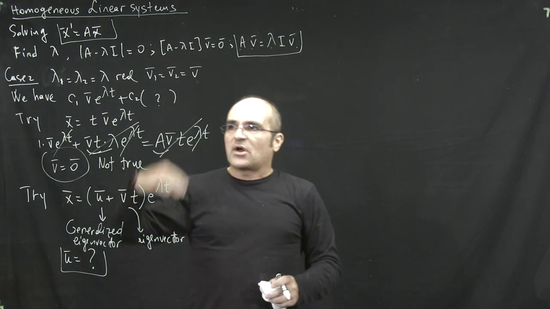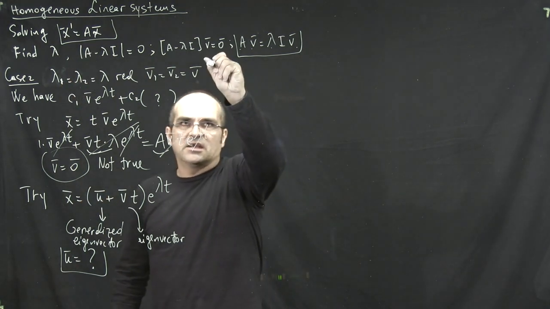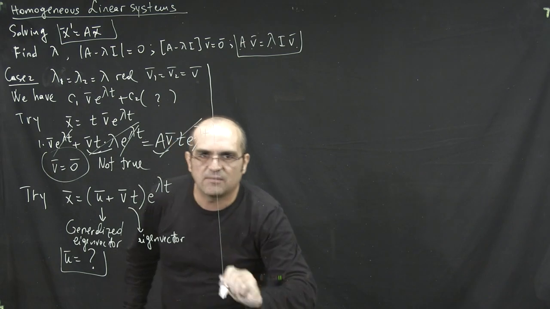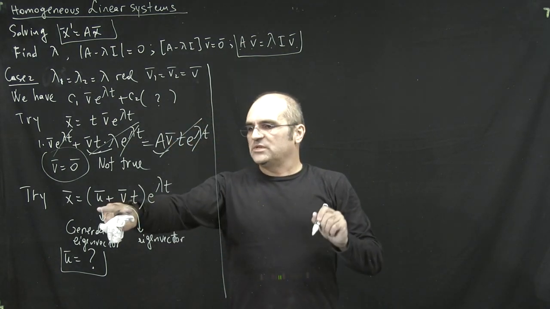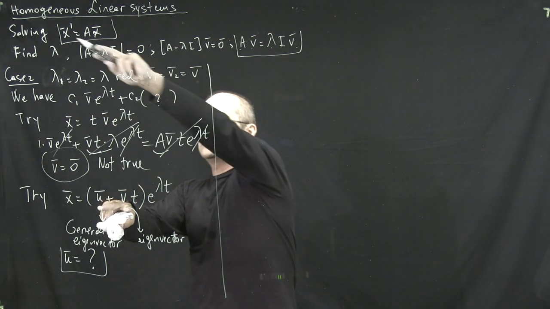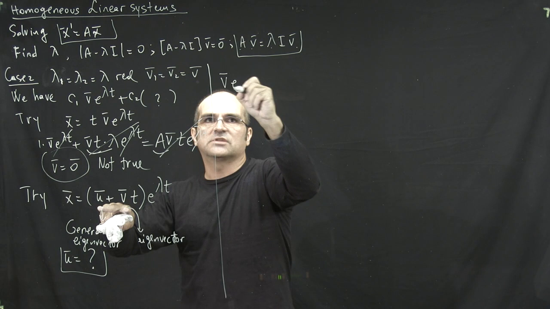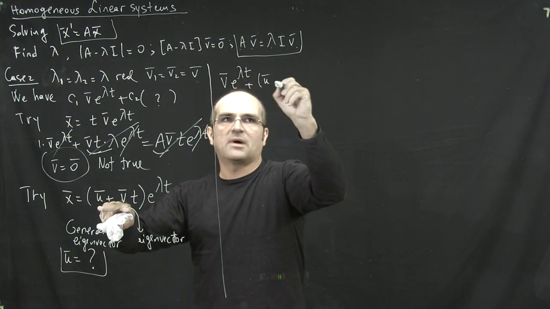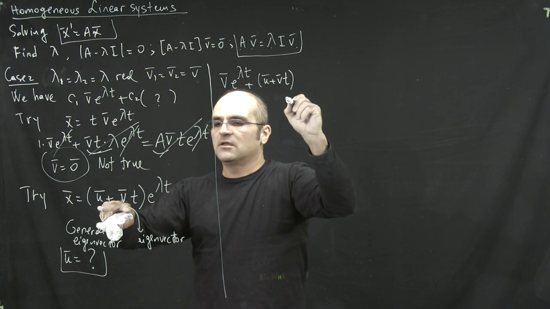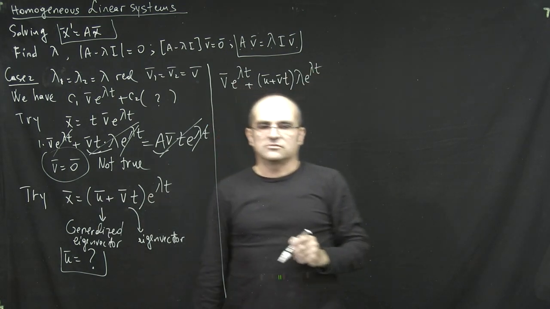So let's repeat the process and plug this into the original system, and again carefully perform this product rule. So we differentiate the parentheses first when we plug it in here on the left side, so that's going to be v bar e to the lambda t. Then continue with the product rule, u bar plus vt, the derivative of e to the lambda t, which is lambda e to the lambda t.